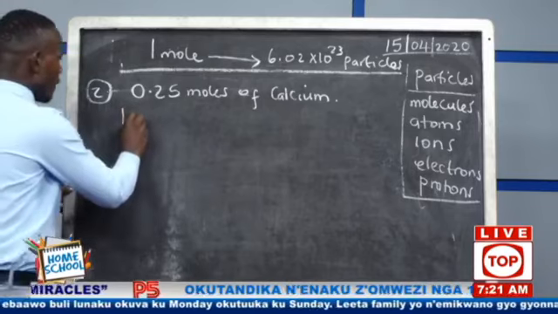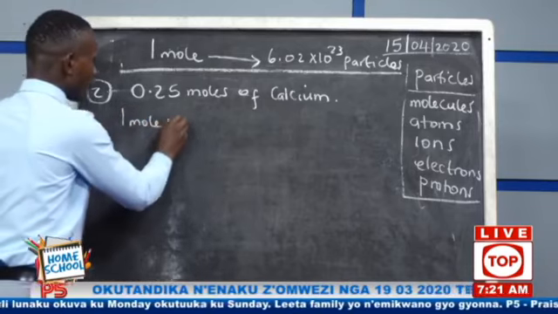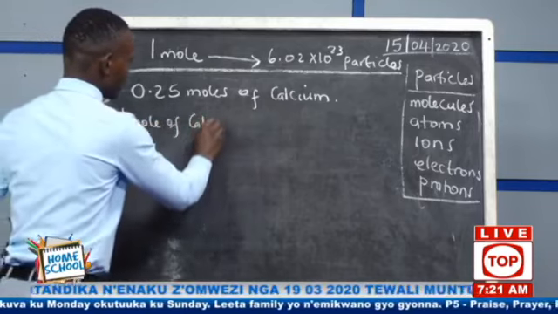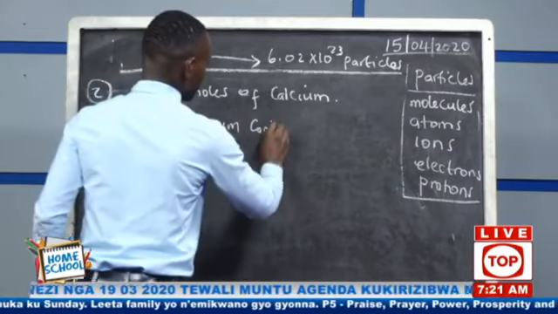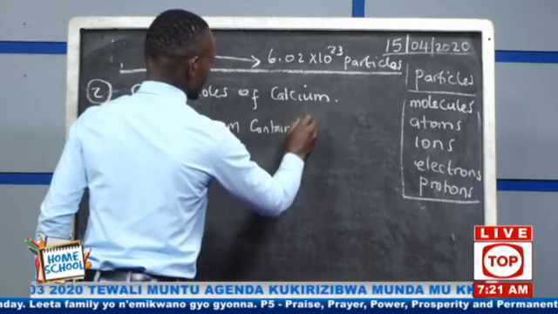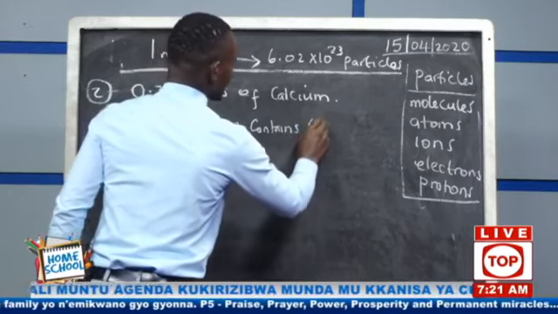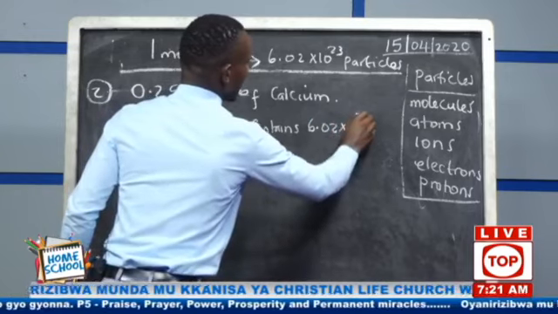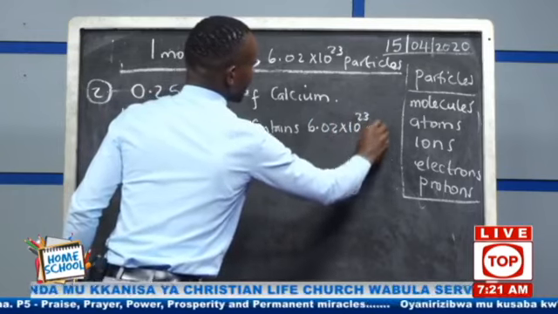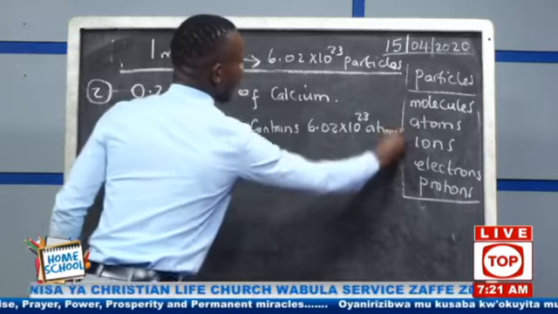So we go back and say, if 1 mole of calcium contains 6.02 times 10 power 23 atoms, our particles now are atoms.